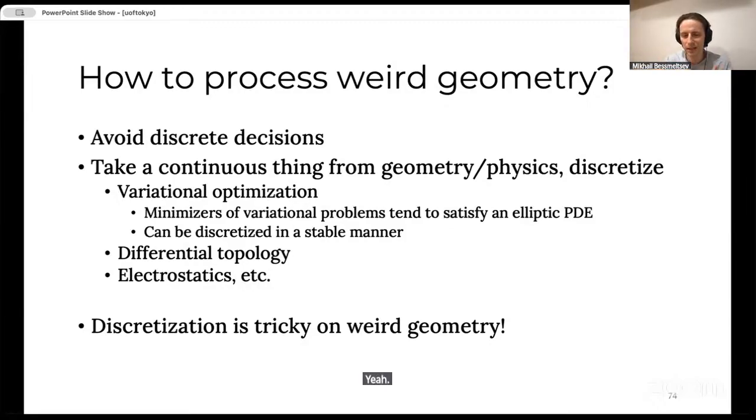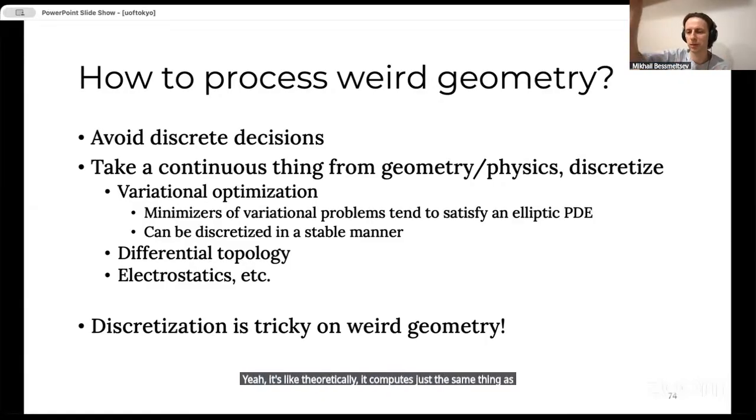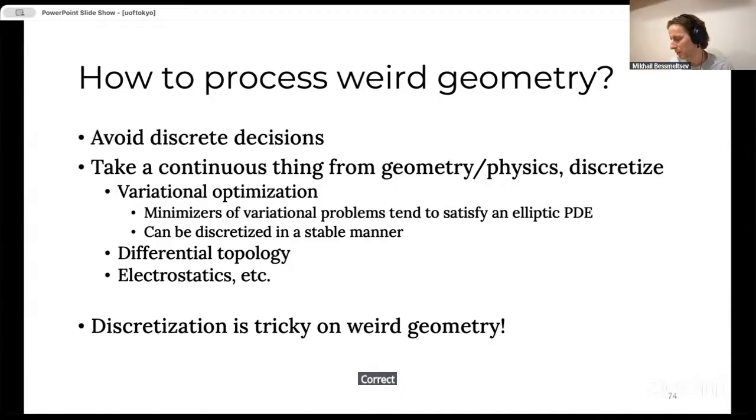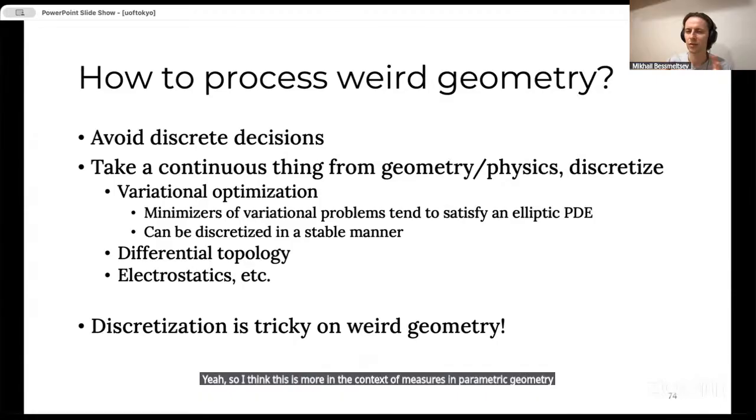Theoretically it computes just the same thing as you would by projecting triangles or whatever people do for winding numbers. So in that sense, it's correct. But I think this is more in the context of meshes and parametric geometry. I don't know how you would break the boundary.